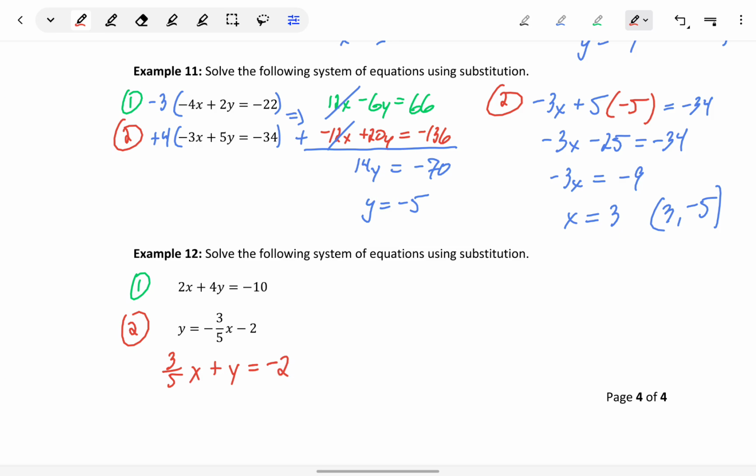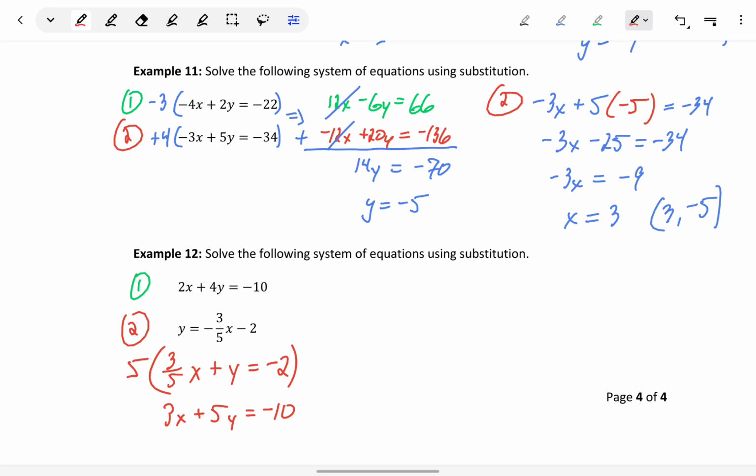So all we've done is rewritten this in standard form, having x and y on the same side of the equation. If we wanted to take this even one step further, just to make our process a little bit easier, we could get rid of this fraction by multiplying both sides of this equation by 5. This will leave us with 3x plus 5y equals -10.